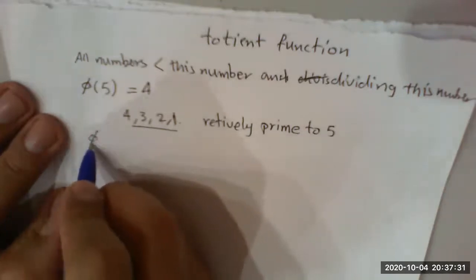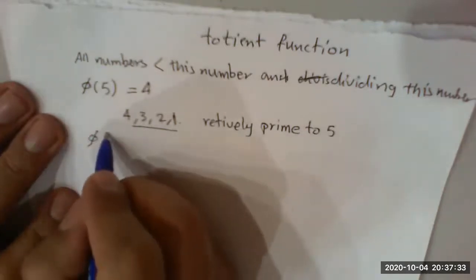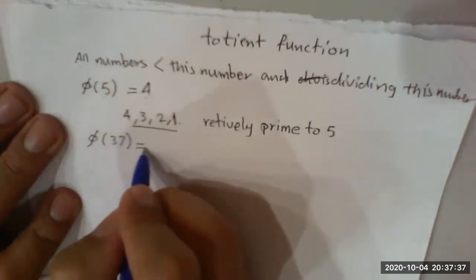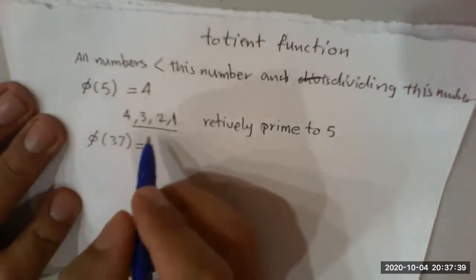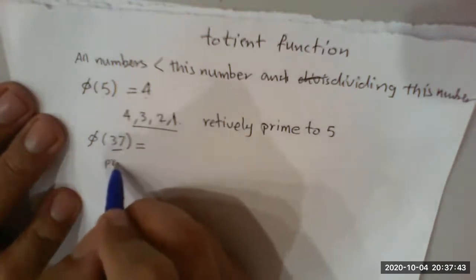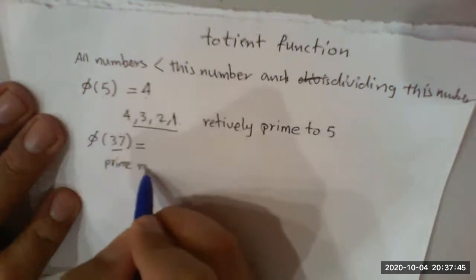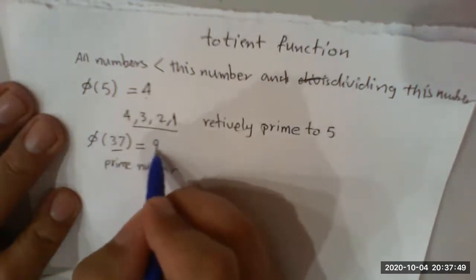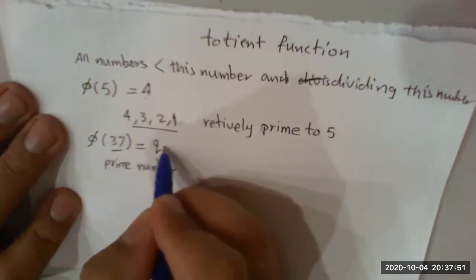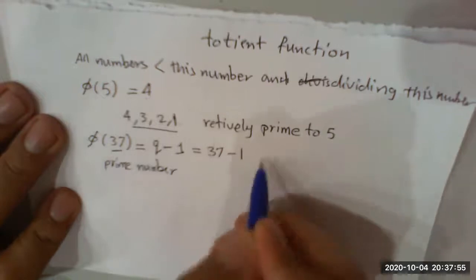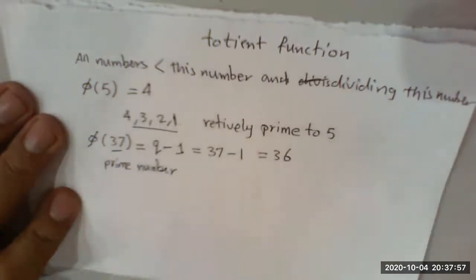Another example in the textbook, you can see it. 37 is a prime number. So this is going to give us Q, which is a prime number, minus 1, equals 37 minus 1, equals 36.